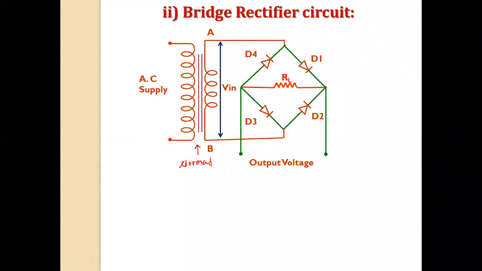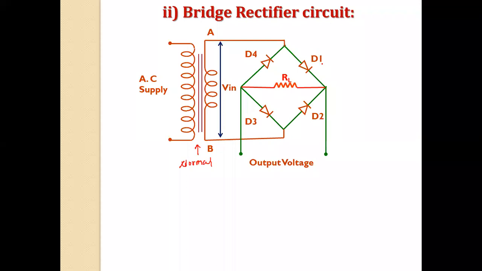Now, as we know, the primary winding of a transformer is connected to the AC supply, and the voltage developed in the secondary winding is called the input voltage to the rectifier circuit. So the voltage in between terminals A and B we call the input voltage. In between these two terminals, the bridge circuit is connected.